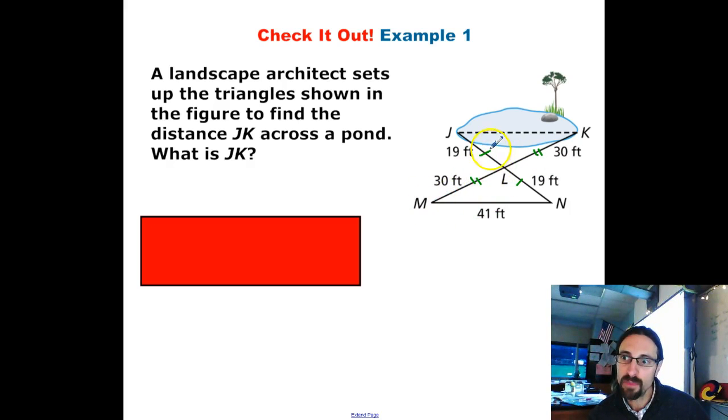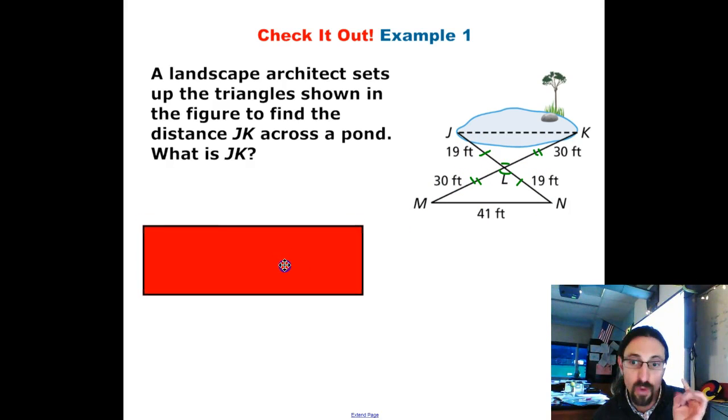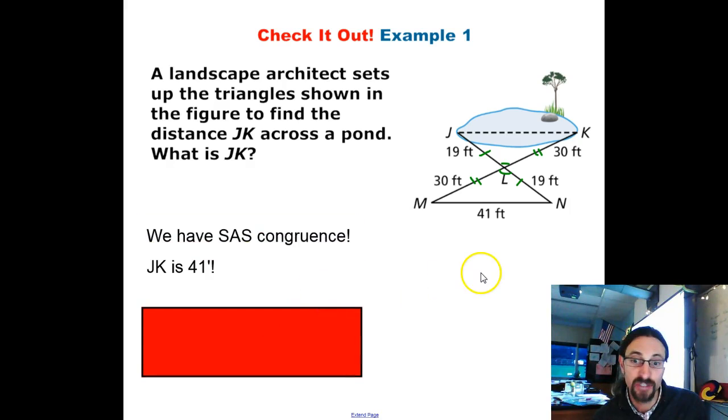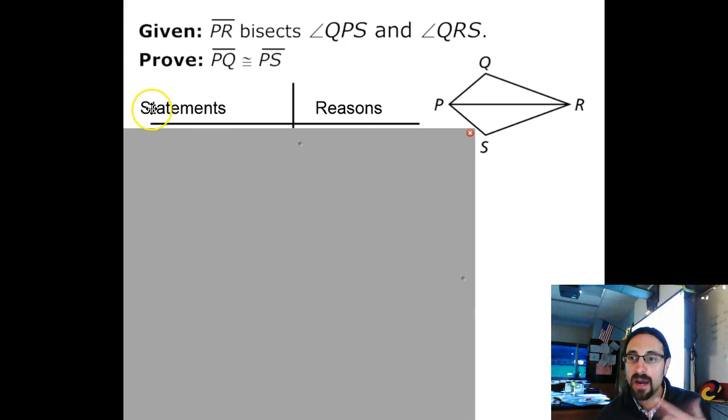Well, how can we prove that these two triangles are congruent? And I hear Kylie just screaming out right now. She's like, Mr. Rising, those are vertical angles. Those vertical angles have to be congruent. And she's absolutely right, because now you can set up side, angle, side congruence. So once you know you have side, angle, side congruence, then this side JK has to be 41 feet.